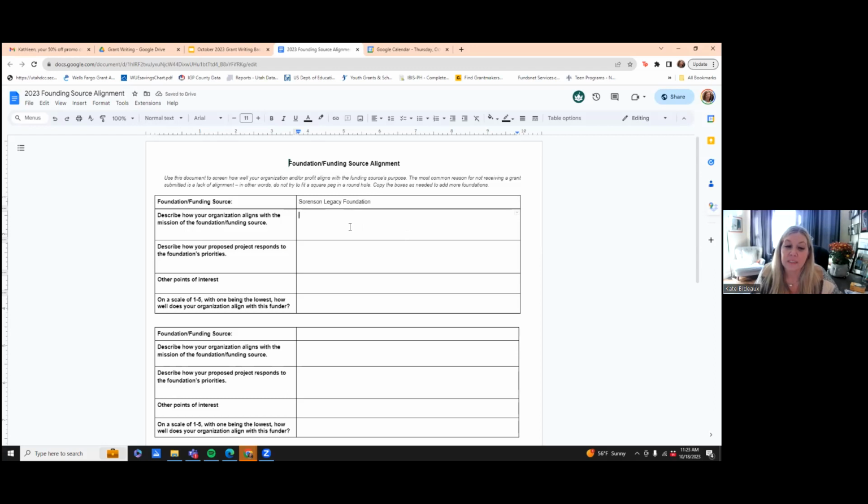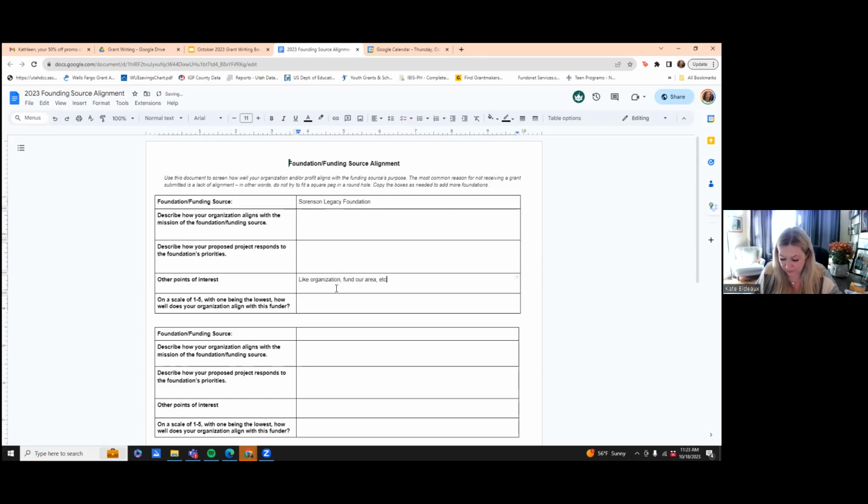And then you would have to say, how does your organization align with the mission of the Sorensen Legacy Foundation? And how does your organization respond to the foundation's priorities? If there are any other points of interest, sometimes I'd look up their 990s and see if they're funding like organizations, or if they fund in your area.